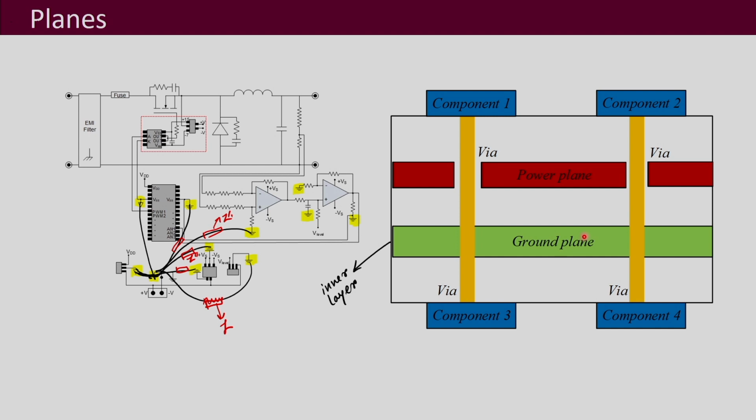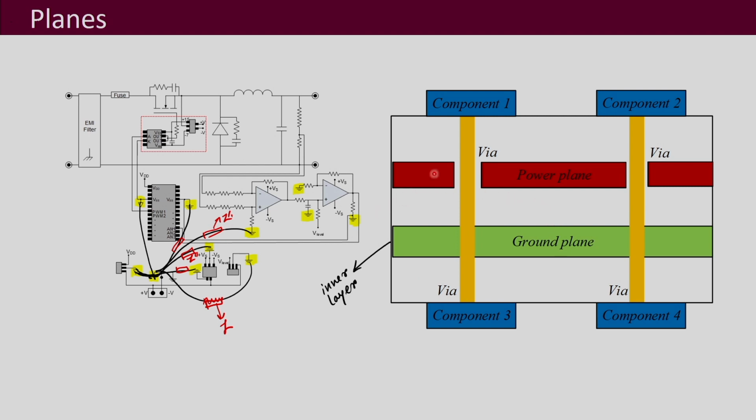That means no other traces are laid out in that plane. And if we have, let us say, these 4 components, and they have to be connected to the ground, using wires you can directly connect them to the ground plane. This is the front view which is shown here.